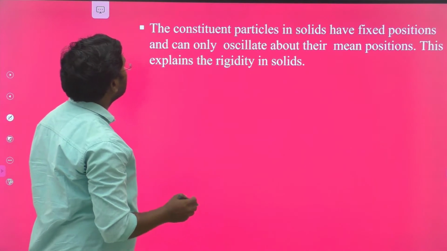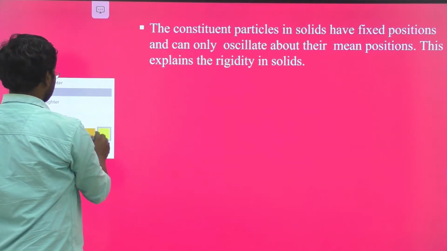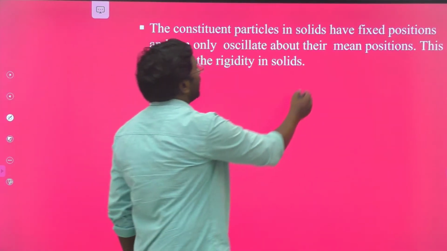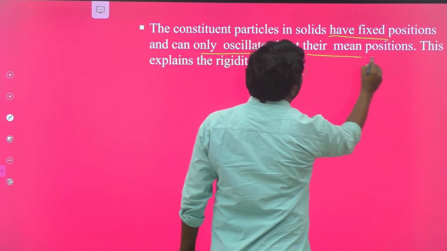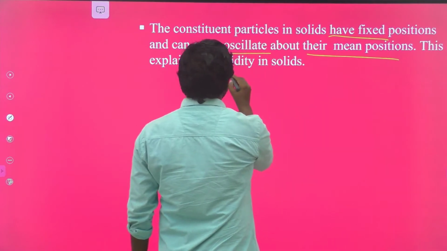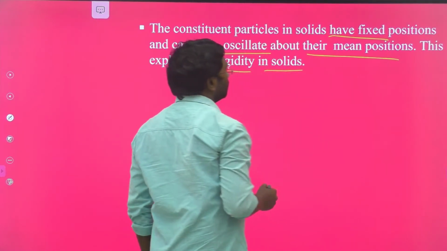And next property, the constituent particles in solids have fixed positions and can only oscillate about their mean positions. This explains the rigidity in solids.